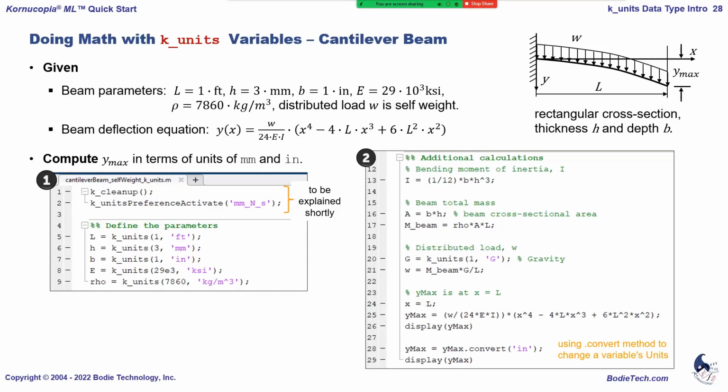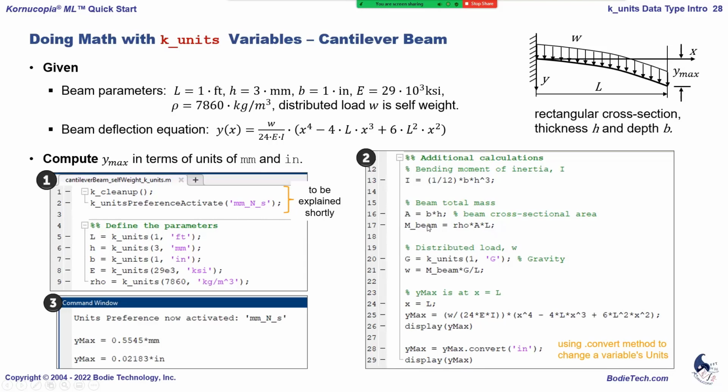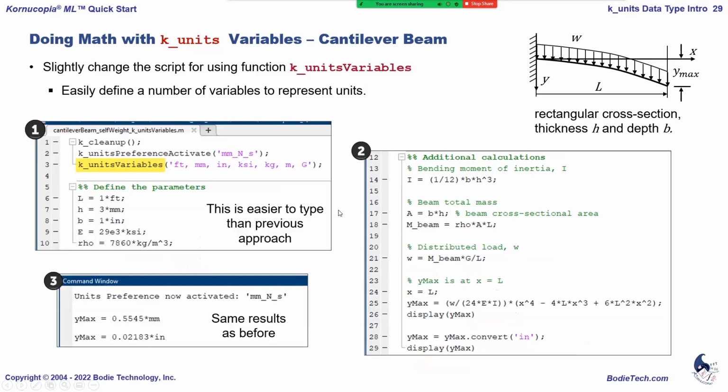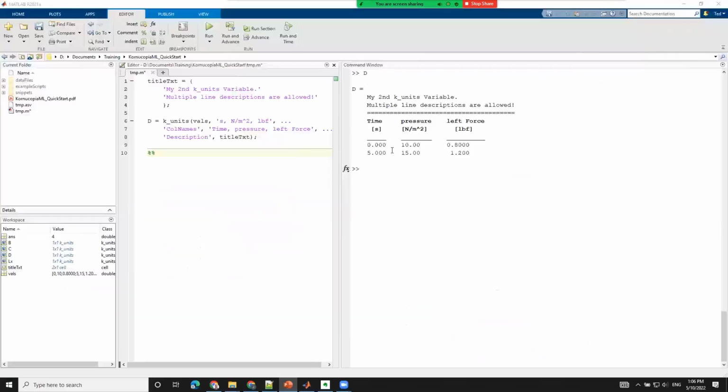In the snippets are the various little scripts for these kinds of calculations. If we put this in and do these calcs, which I'm going to do live here in a second, you'll find that Kornucopia will readily compute the maximum displacement in terms of millimeters or in terms of inches. So I'm going to do this live right now to show you.